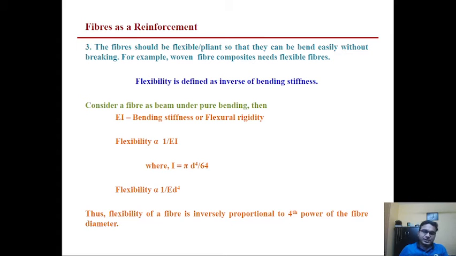Bending stiffness or bending rigidity is given by E into I. We are assuming the fiber is a beam under pure bending. Then flexibility is inversely proportional to the bending stiffness, as defined over here.